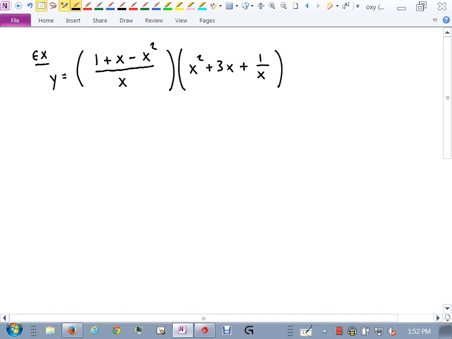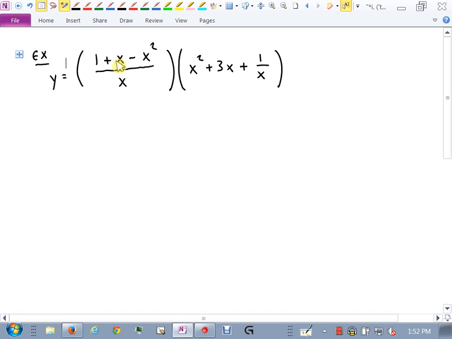I want us to find the derivative. So when you look at this, is it obvious that there is a product? Yes? All right, so this is my u and this is my v then, if that's what I'm going to do. Now, if you're going to do this, that means you need to be able to take the derivative of u and v.